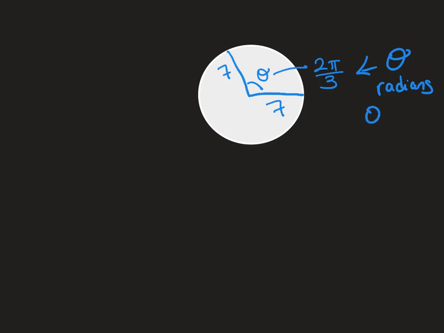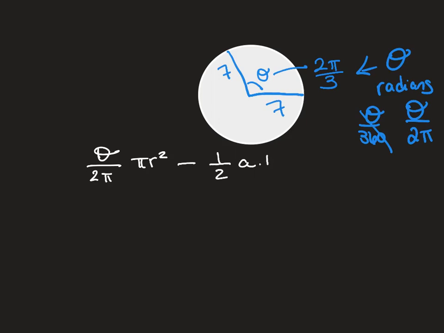So instead of doing theta over 360, because that was when I was in degrees, I'm going to do theta over 2 pi, because in radians the whole circle is 2 pi. But everything else is going to stay the same. So I'm going to do theta over, this time 2 pi, times pi r squared for the circle, minus that 1/2 times a times b times sine of c, which is also my theta.